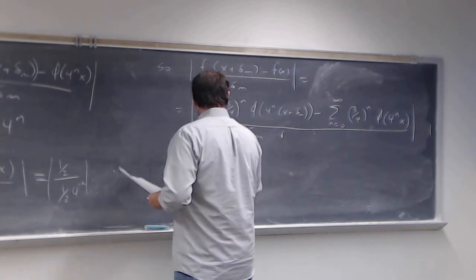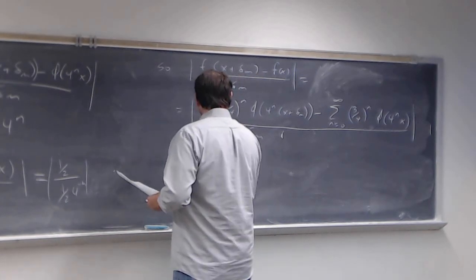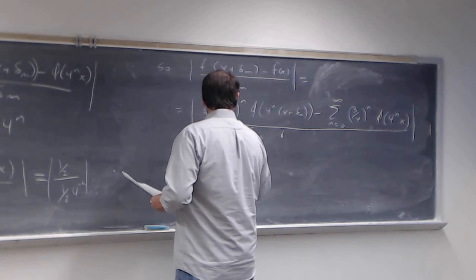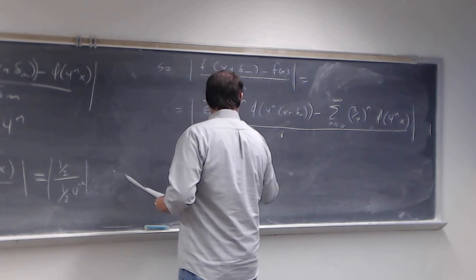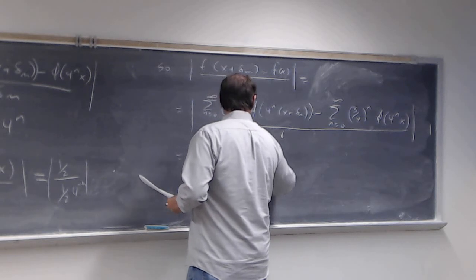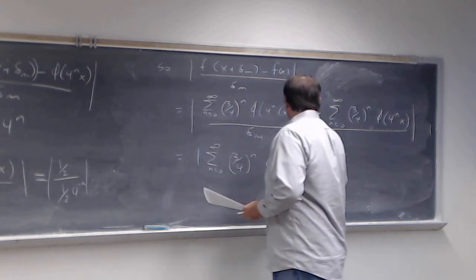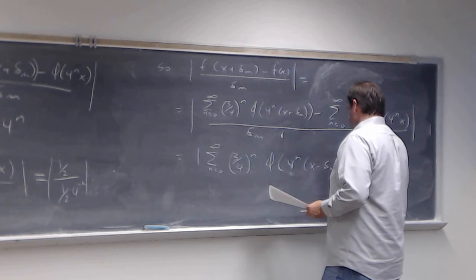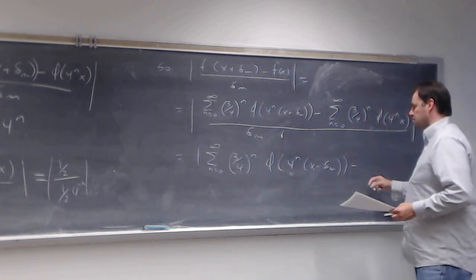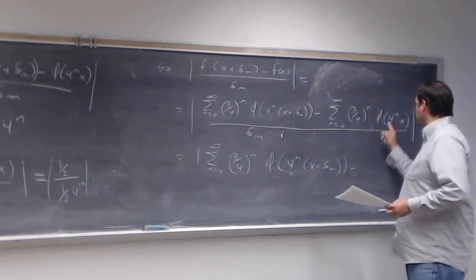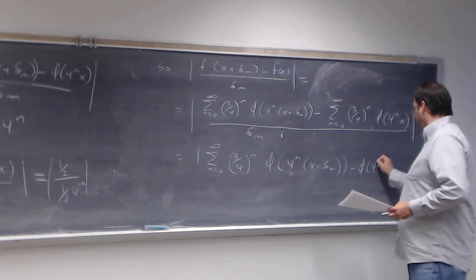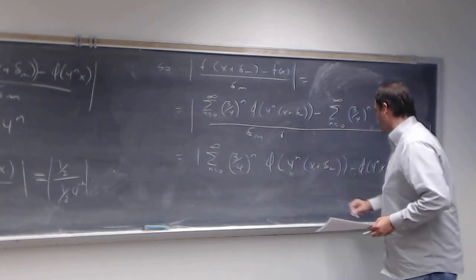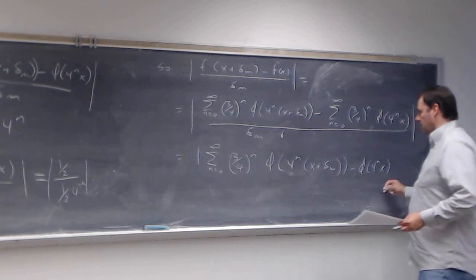These are two convergent series. We can combine them. We get the sum as n runs from 0 to infinity of 3/4 raised to the n, phi of 4^n times x plus delta sub m, minus phi of 4^n times x. Okay, it's not minus here, it's plus.